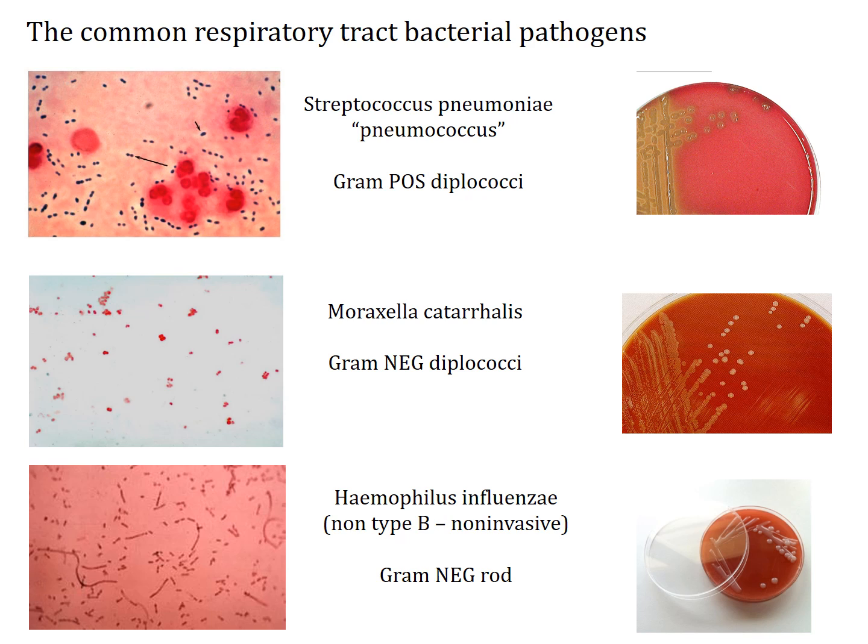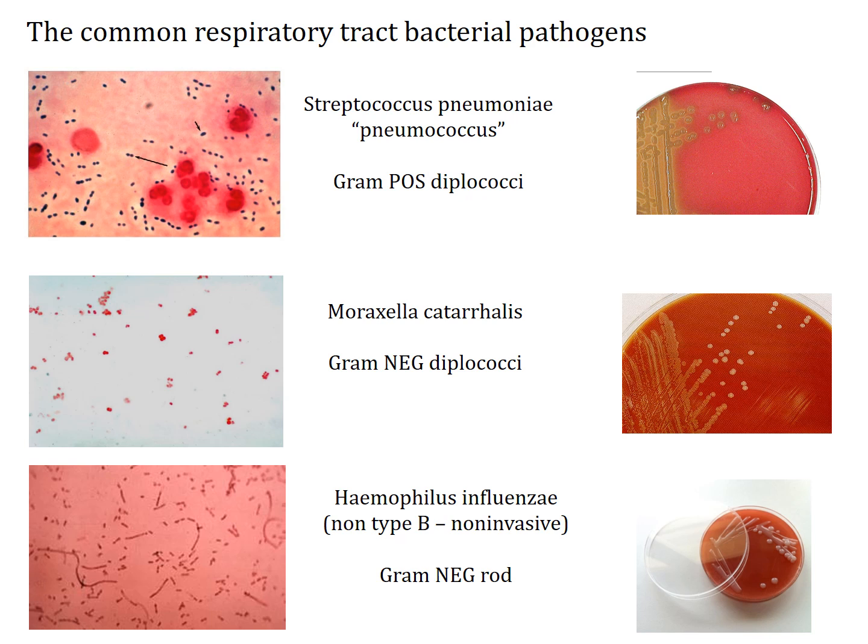Let's switch over to bacteria. Now respiratory tract infection due to bacteria is where we're going to want to start pulling out the antibiotics. Here are the 3 common respiratory tract bacterial pathogens: Streptococcus pneumoniae, often referred to as pneumococcus or pneumococcal infection. It's a gram-positive diplococci, positive meaning it stains purple.